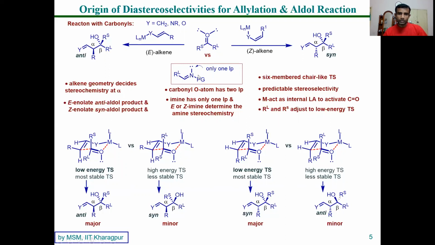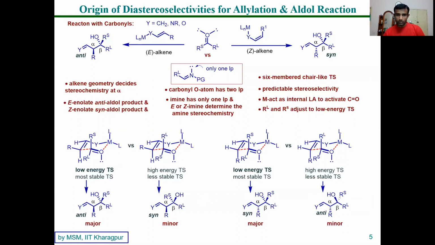At the same time, an imine has no such luxury. It has only one lone pair, so it has to coordinate through this one. Another important point is that an imine, which a carbonyl carbon doesn't have, can be E or Z. So both geometries are possible.